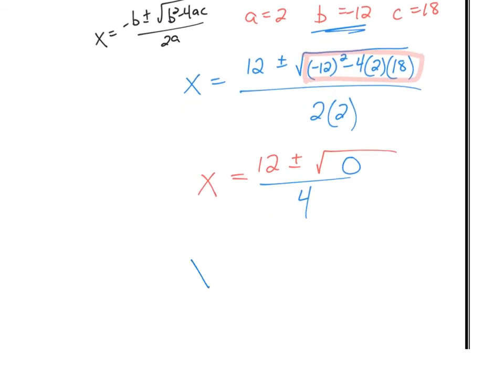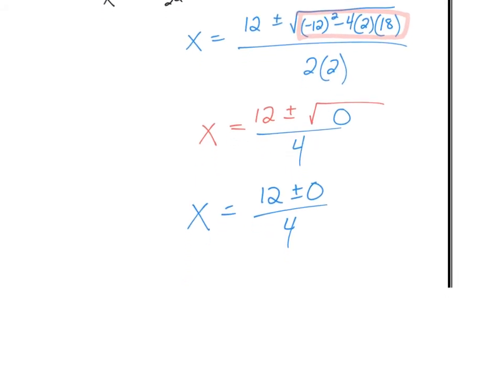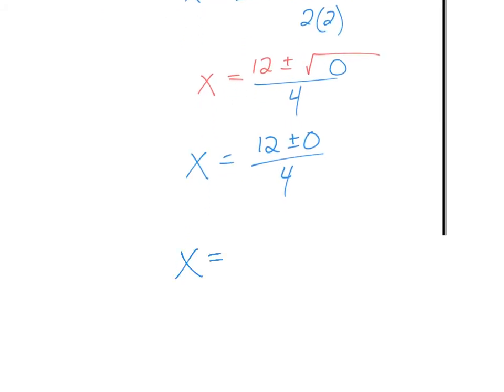So you end up with x equals 12 plus or minus 0 divided by 4, because the square root of 0 is 0. So really we have x equals 12 plus 0 over 4, or it's 12 minus 0 over 4.